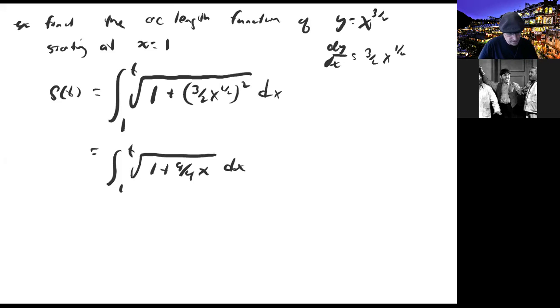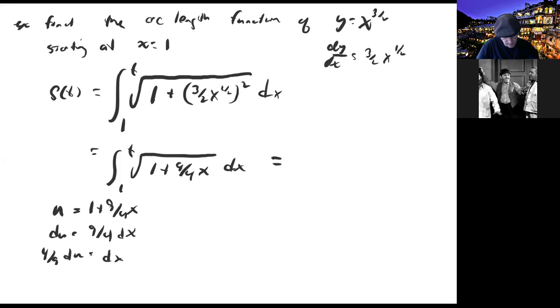Okay, we're going to do this by substitution. Let u equal 1 plus 9/4 x. So du is 9/4 dx. In other words, 4/9 du is equal to dx. Then we also have to figure out the limits of integration.